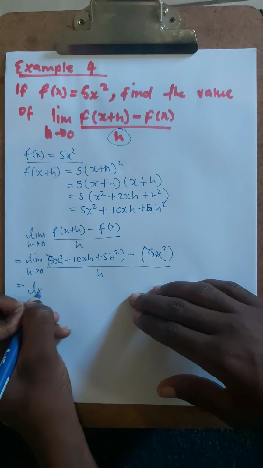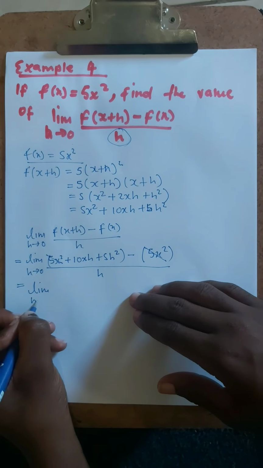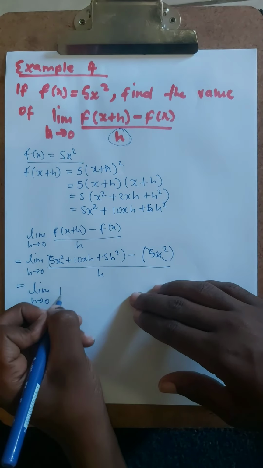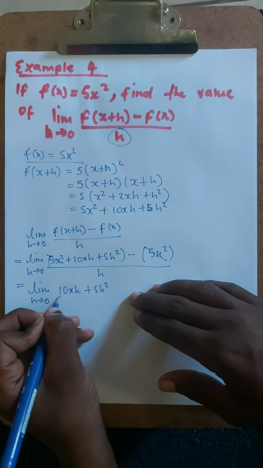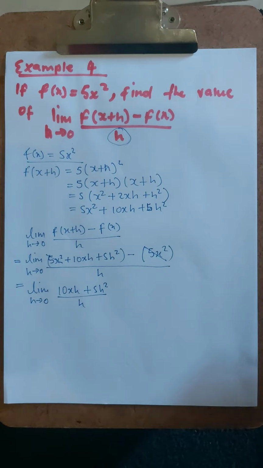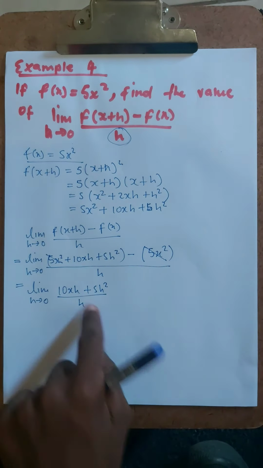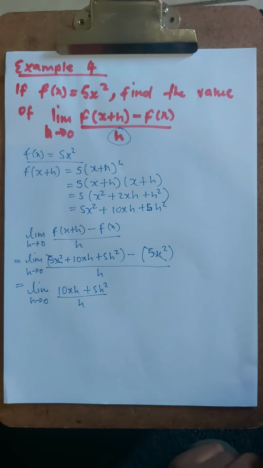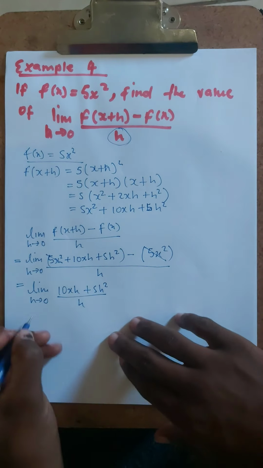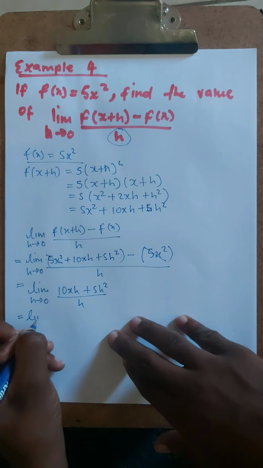We remain with the limit when h approaches 0 of (10xh plus 5h squared) divided by h. When we substitute h equals 0, we get undefined, so we need to factorize this.